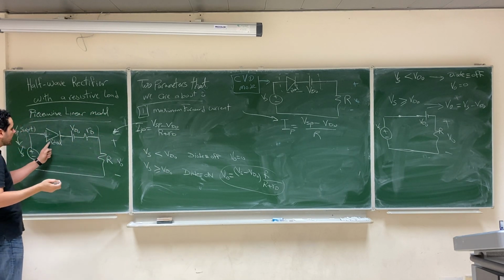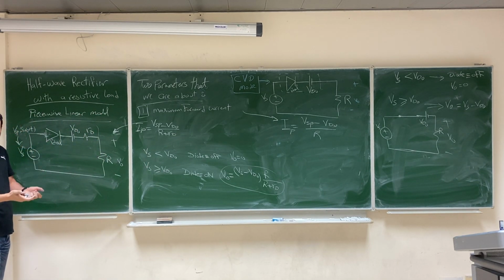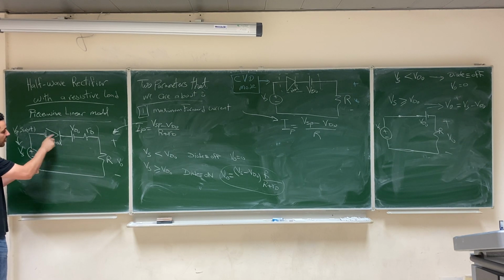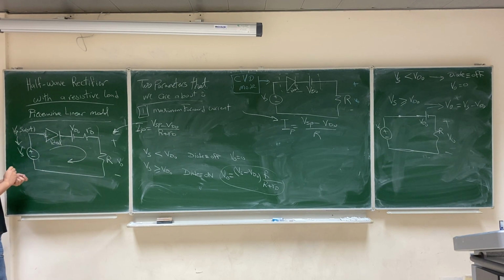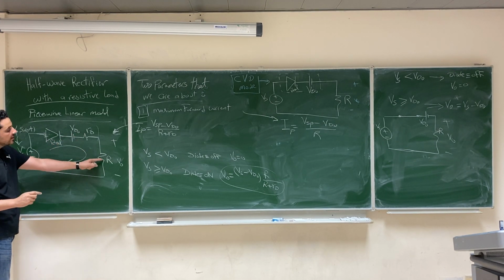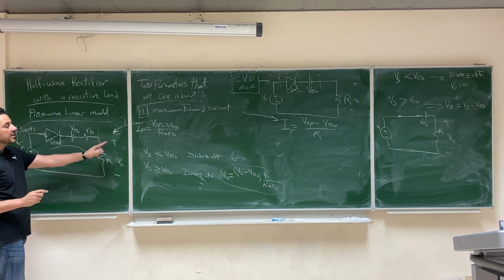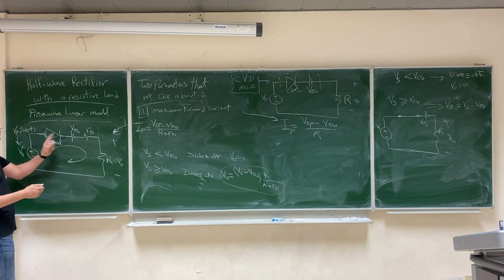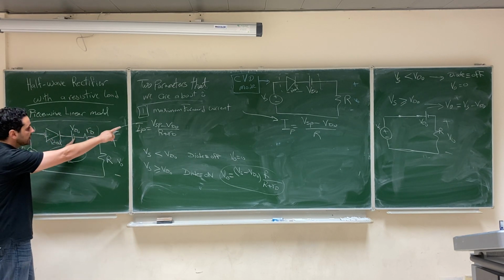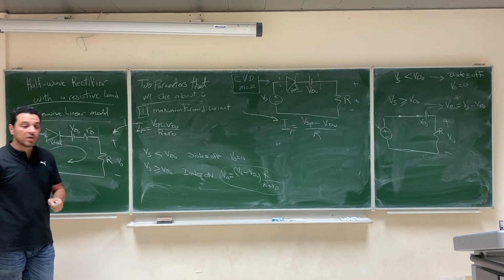Someone may ask, what about the diode? We assumed it's on, and the ideal diode, when it is on, is a short circuit. So the current that will pass through this circuit will be Vs minus VD0 over the two resistors. And we want the maximum current, so it will be Vs peak minus VD0 over the summation of these two resistors.